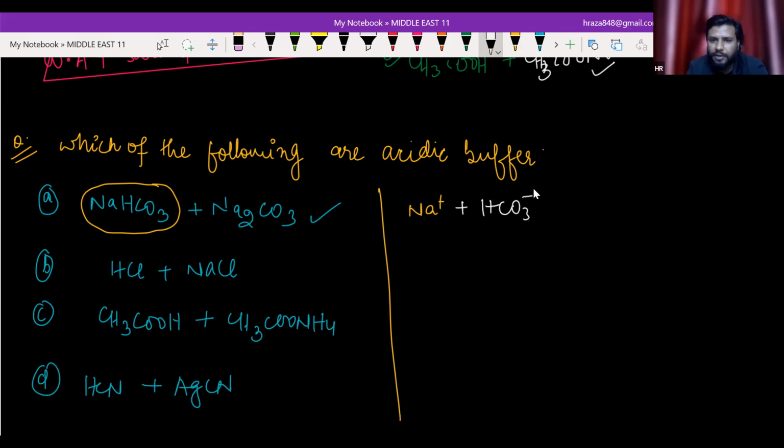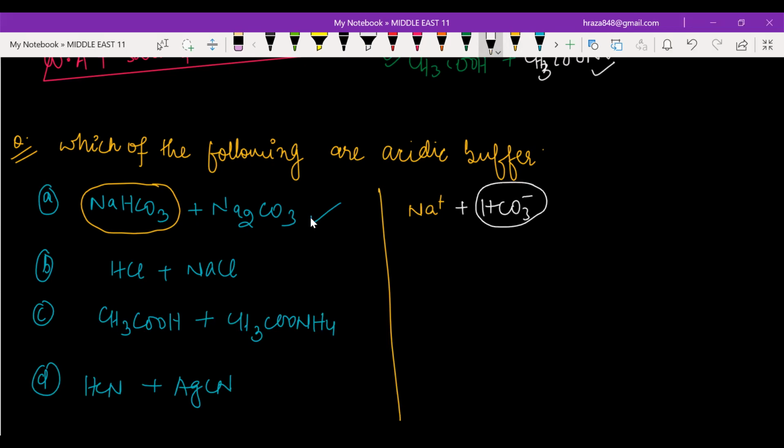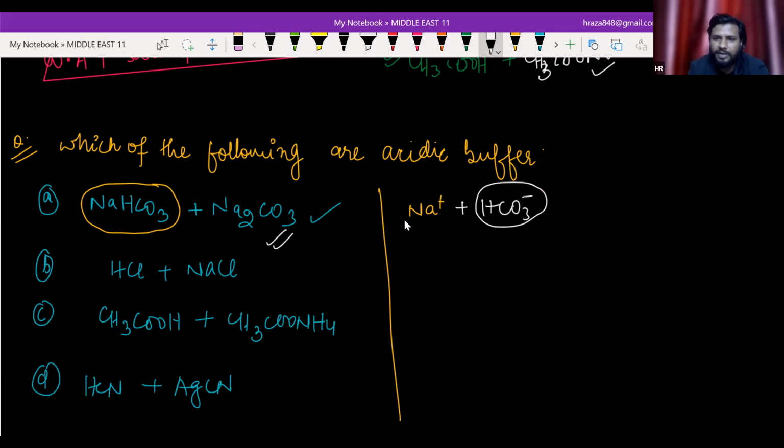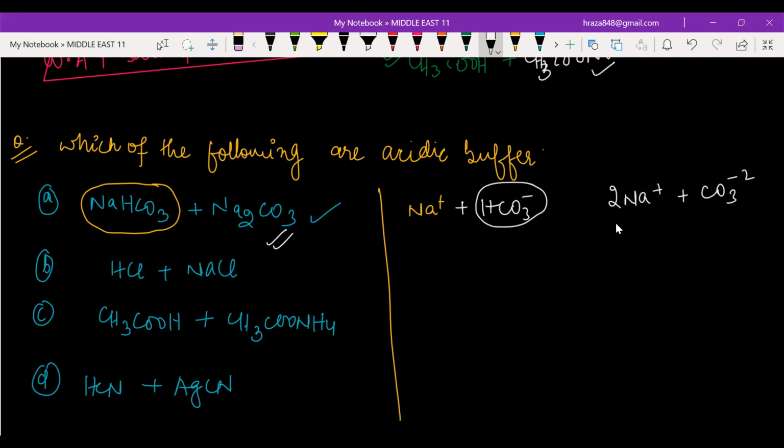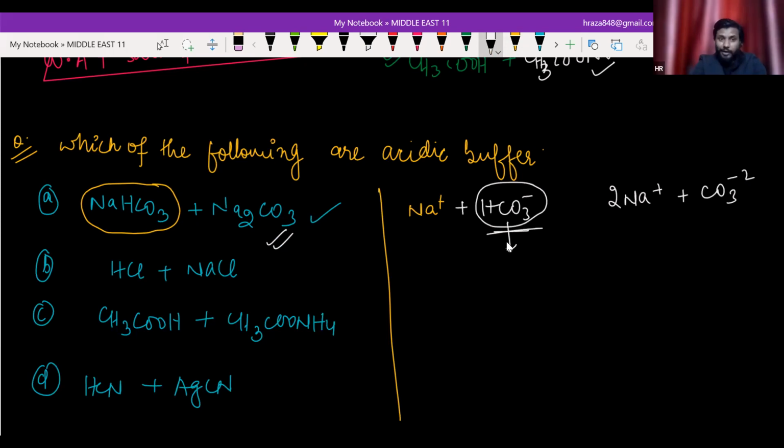Yes or no? And if you are going to mix this in water, what will happen? 2Na plus CO3 minus 2 will be formed. Yes or no?